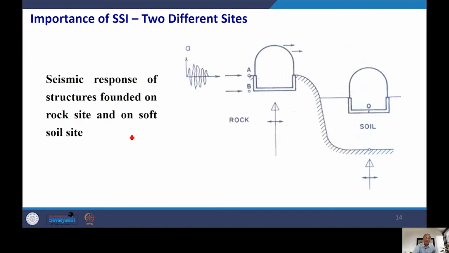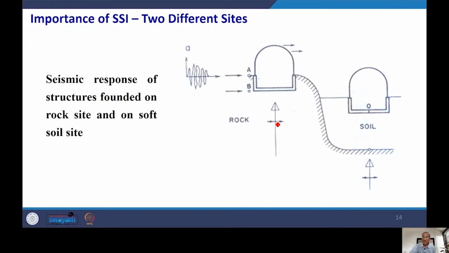Here, when we talk about seismic excitation, you could see that there are vertically propagating waves. This bigger arrow shows the direction of wave propagation, and this smaller arrow is the direction of particle motion. The direction of particle motion is perpendicular to the direction of wave propagation. So one can easily see what the input wave is.